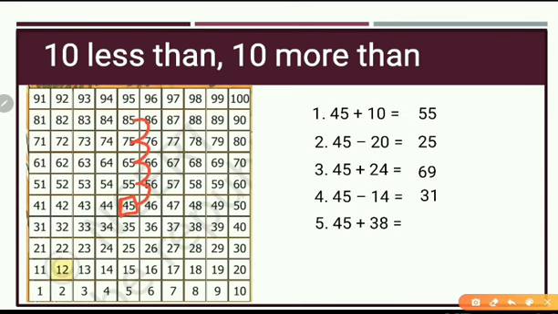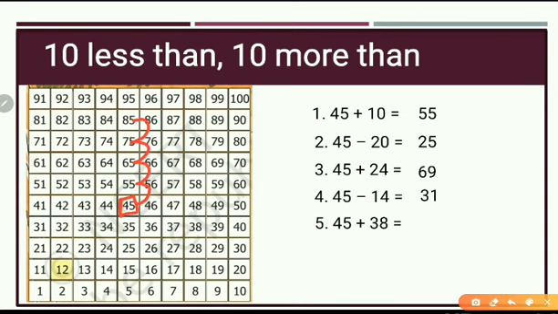So what we will do, after adding 40, as it is 2 more than 38, we will go back 2 places. Okay, 45, we are going up, we are adding 40 because 38 is near 40, but 40 is 2 more than 38.